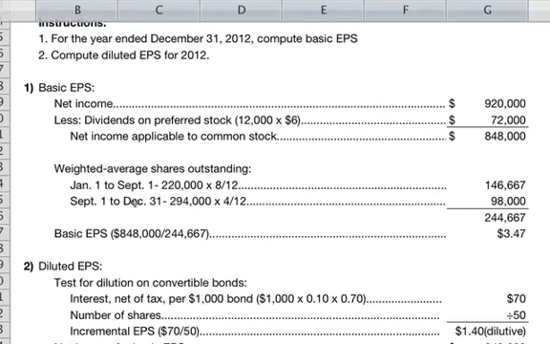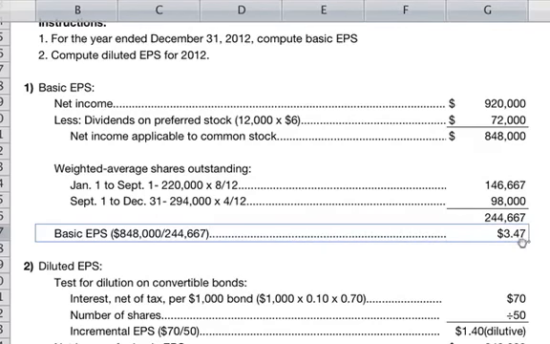From September 1st to December 31st, we had 294,000. So you times that by 4/12, because we had 294,000 common shares outstanding for 4 months out of the year. That's 98,000. You add those together, and that gives you 244,667. If we divide the net income applicable to common stock of 848,000 by the weighted average number of shares, 244,667, we get basic earnings per share of $3.47.